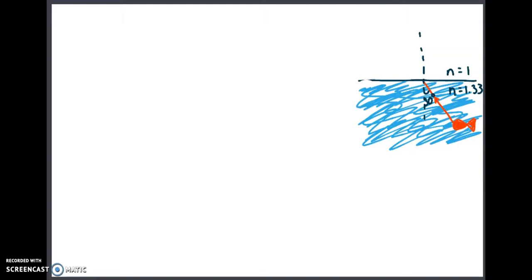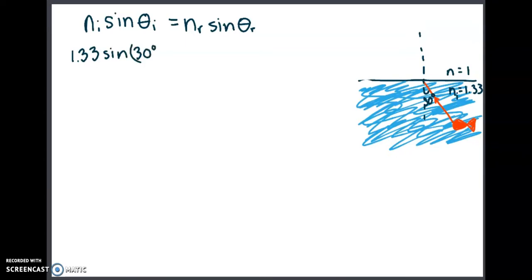So Snell's law relates the two indices of refraction, so that's n_i sine theta_i equals n_r sine theta_r. We have our two indices. The initial index is 1.33, and that initial angle in water was 30 degrees. That goes into air, so that refracted index is 1, sine theta.